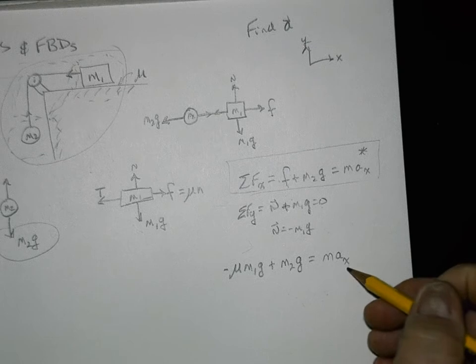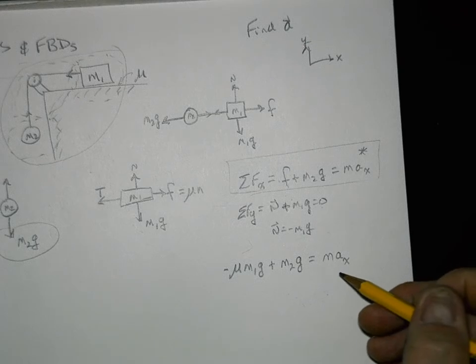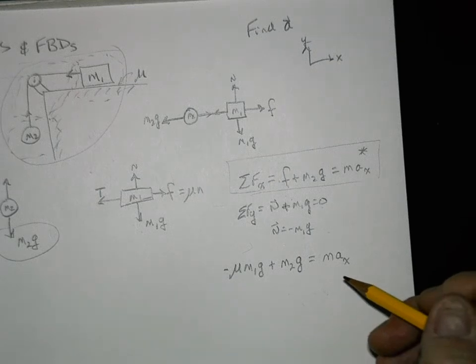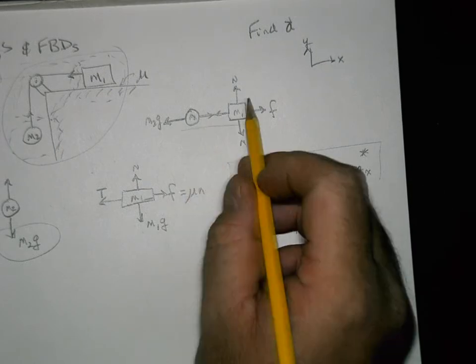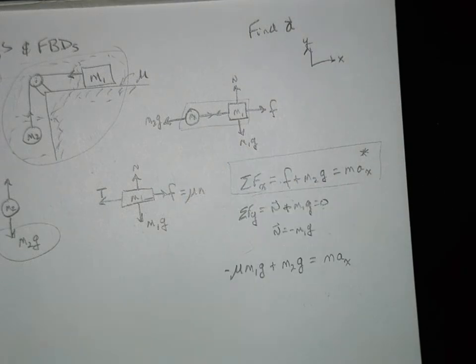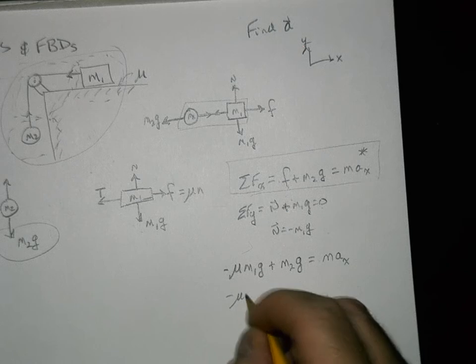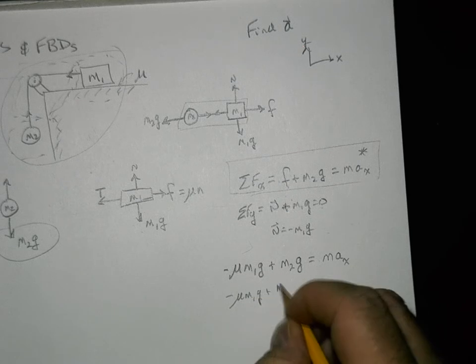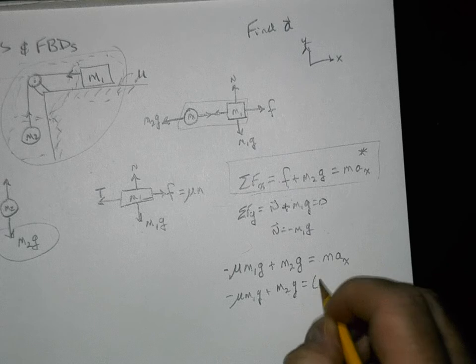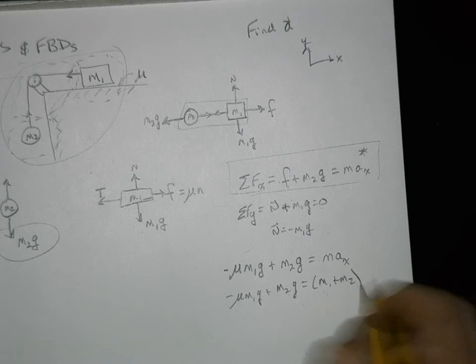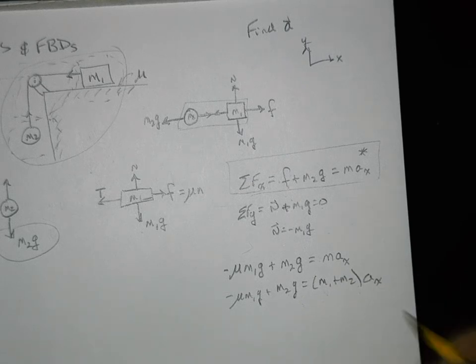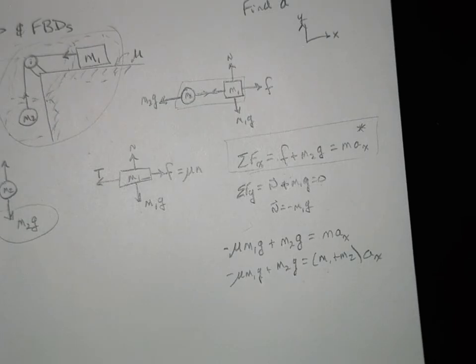This ax is the acceleration of the system. Because it is the acceleration of the system, we have to use the combined mass m2 and m1. The whole thing is going to accelerate. So that's what we plug in here. And this becomes negative mu m1g plus m2g equals m1 plus m2 times ax. And then it becomes just a basic bit of algebra to solve for your acceleration.